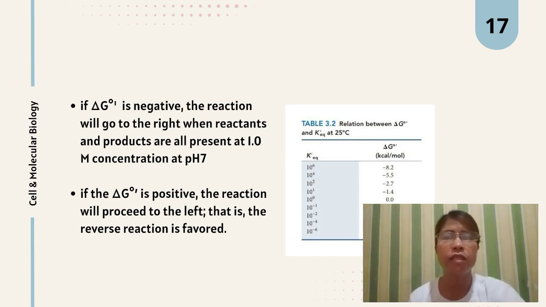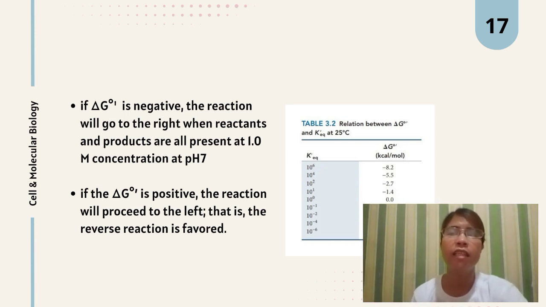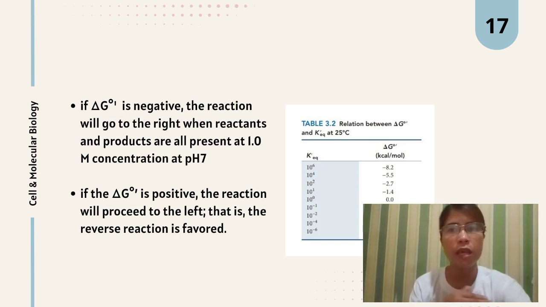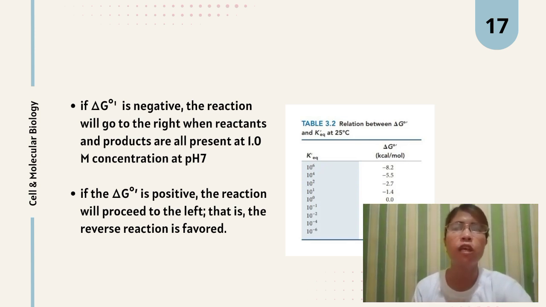That is, the reverse reaction is favored. So when the standard free energy change is negative, the reaction goes to the right. When the standard free energy change is positive, the reaction proceeds to the left.